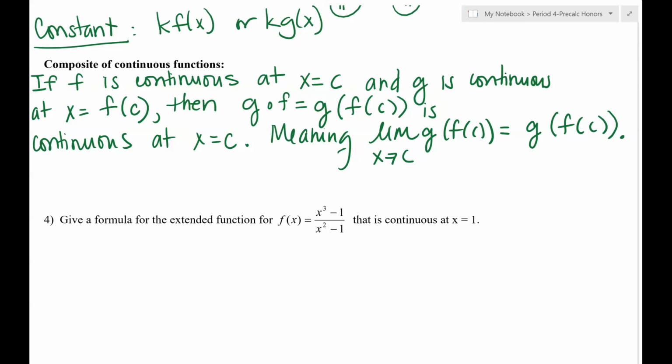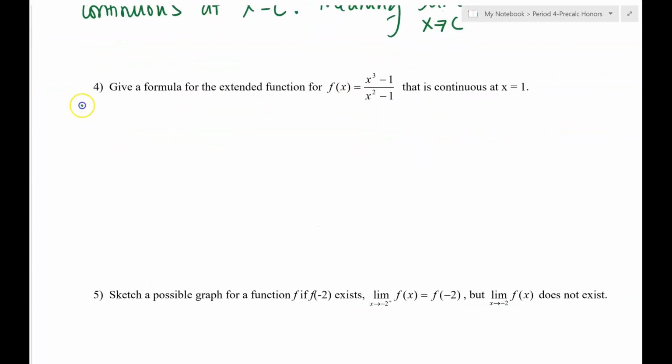That's totally not okay. So it wants you to give a new function that will produce a similar graph that will be giving us a continuous value at x equals 1. So all we have to do here is, who remembers how to factor? Yeah, exactly.